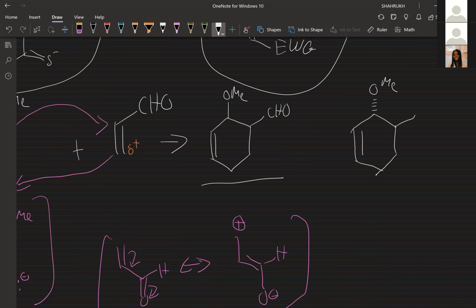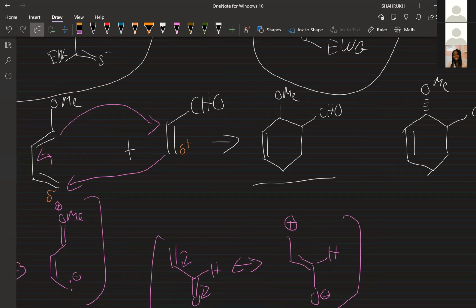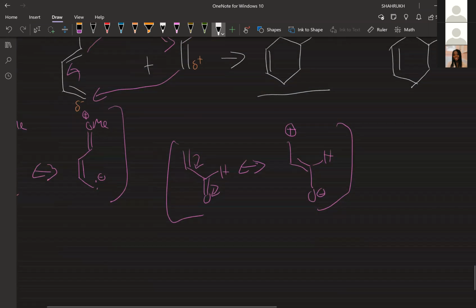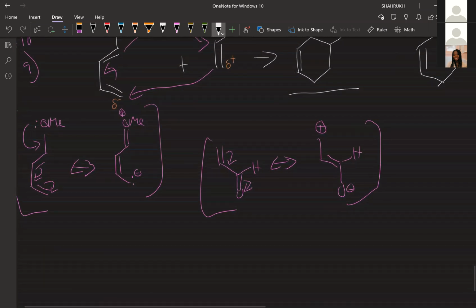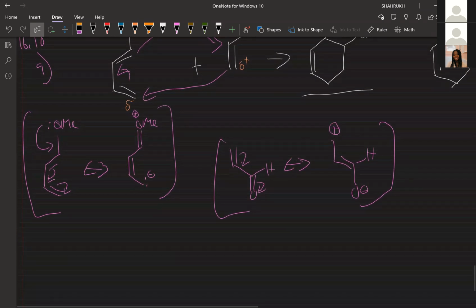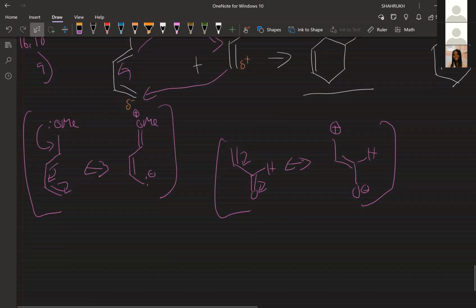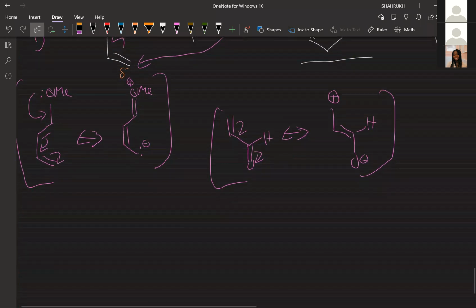I can't really determine whether the CHO would be on a wedge or dash, but I know for a fact the OMe would be on a dash, because it's kicking on the outside. But this planar answer should be fine. I don't think they're going to knock you out for not showing the stereochemistry. Usually they never ask for stereochemistry because it's more about whether you understand what part of the diene and dienophile is more reactive.